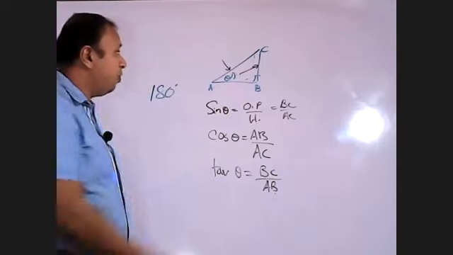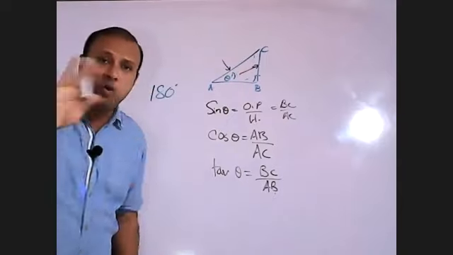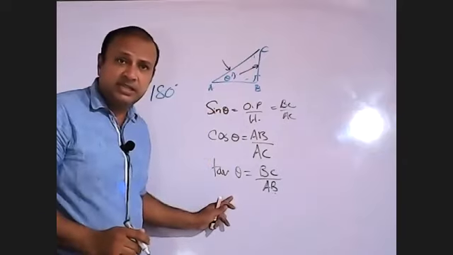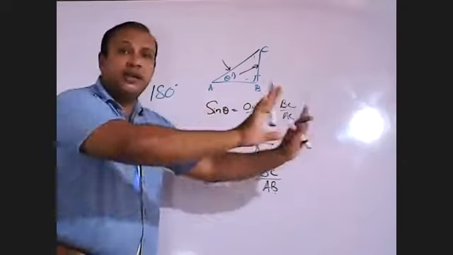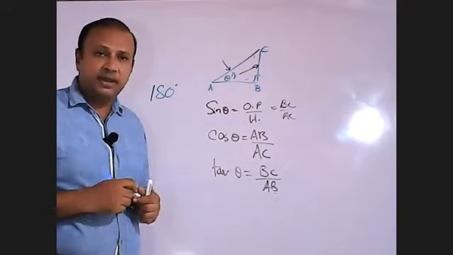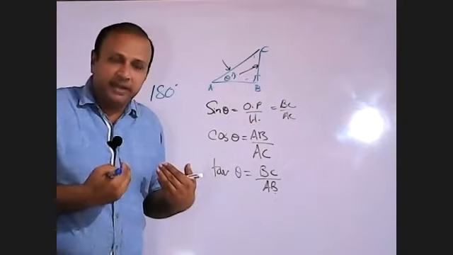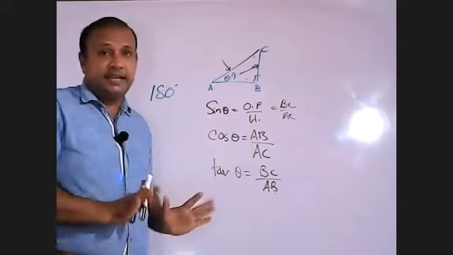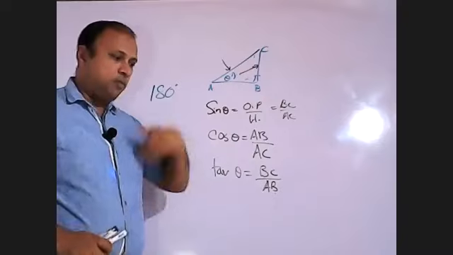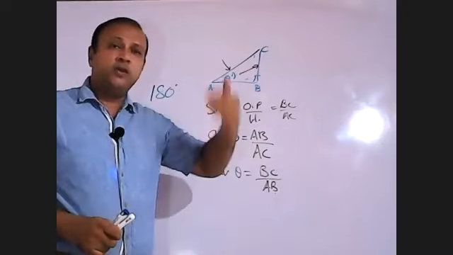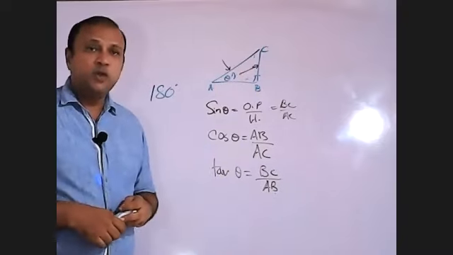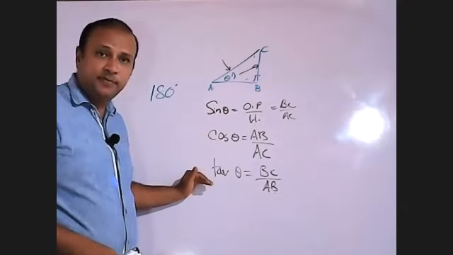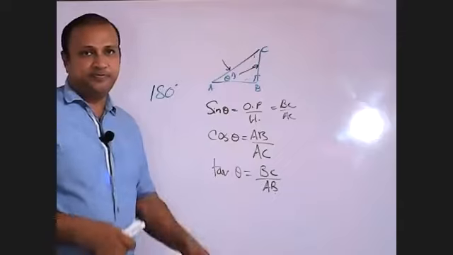Therefore, using these definitions, we can go up to 180. Actually, we cannot get 180, but we can go up to it. Beyond that angle, we cannot define sine, cos, and tan using a triangle.